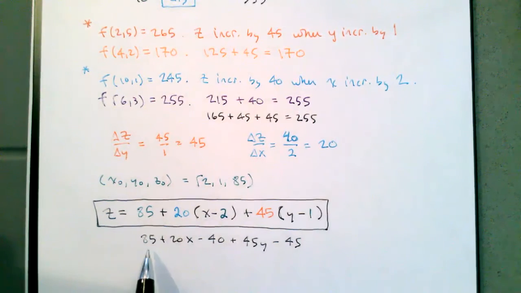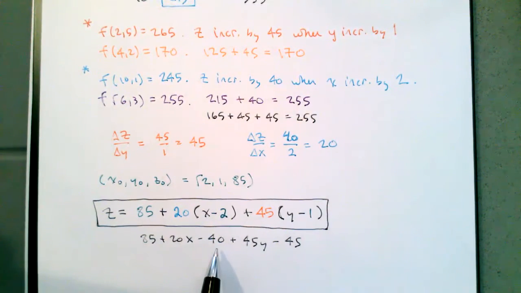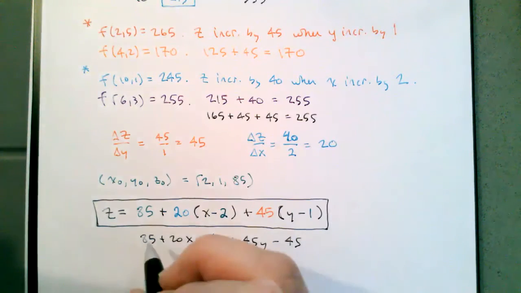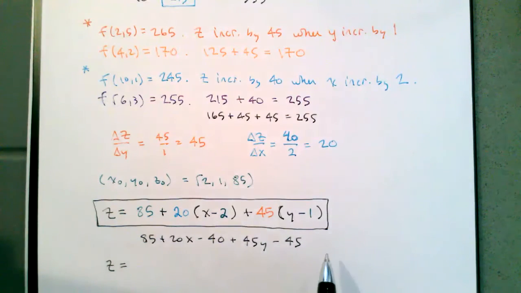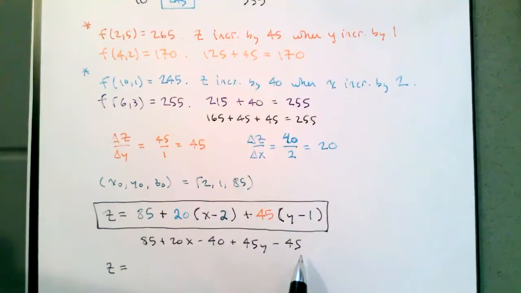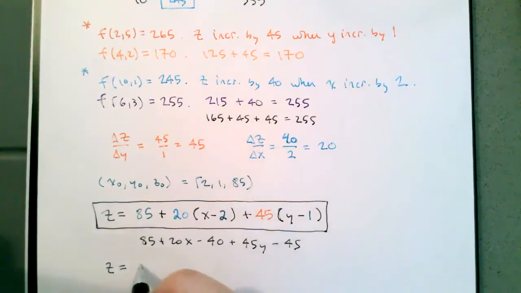Notice that we're going to take the 85 and we're going to take 2 steps back in the x direction, so we'll subtract 40. And then we'll take 1 step back in the y direction, so we'll have the 45. So 85 minus 45 is 40, minus 40 is 0.